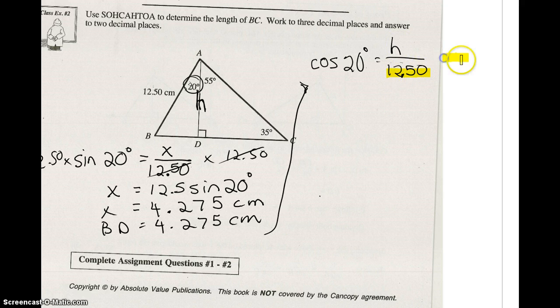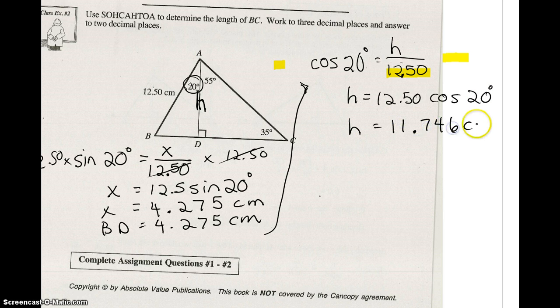So when I get that, I end up with h equals 12.5 cos 20 degrees. After I do that, I just plug that into my calculator, and I end up with 11.746 centimeters, which is also known as AD.